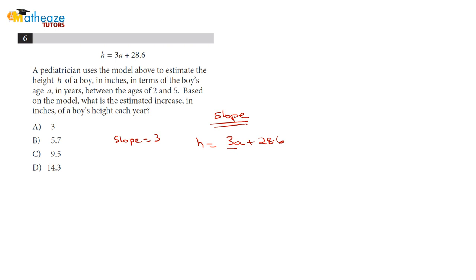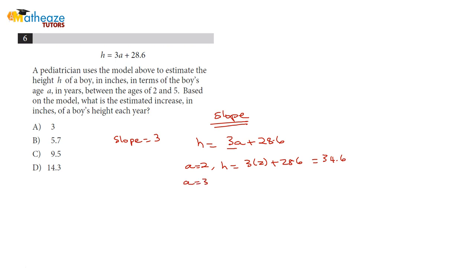substitute the ages from 2 to 5, and see what we get as a difference in the height of the boy. So let's assume that a is equal to 2, so h is going to be 3 times 2 plus 28.6, which is going to give us 34.6.